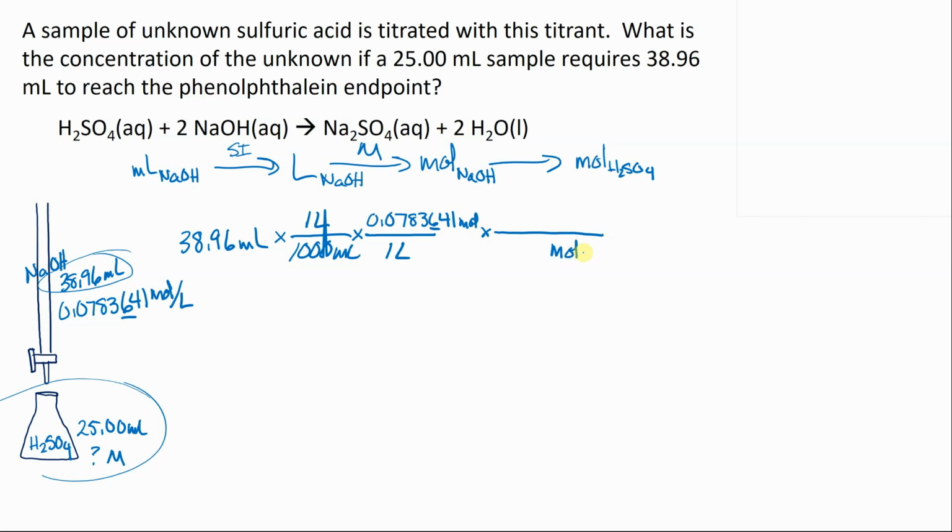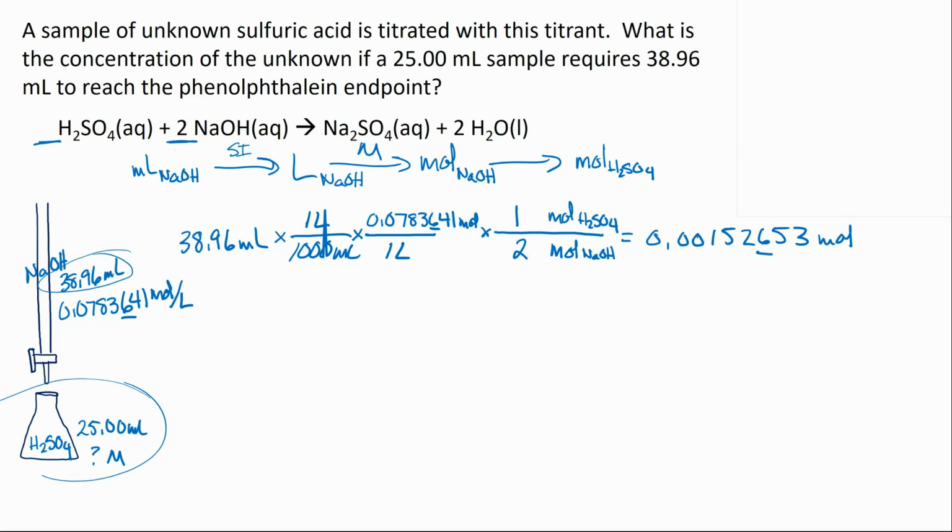Finally, I'll use the balanced chemical equation to go from moles of sodium hydroxide to moles of sulfuric acid. And I need to go to the balanced chemical equation to get those coefficients, but 1 sulfuric acid is 2 sodium hydroxide. So 1 mole of sulfuric acid, 2 moles of sodium hydroxide. And I have 0.0015265 moles.